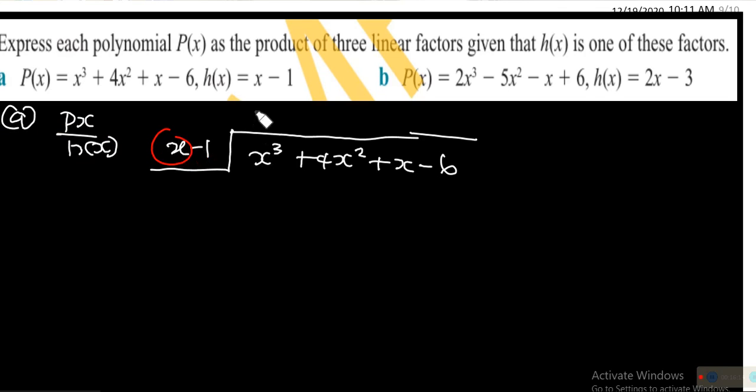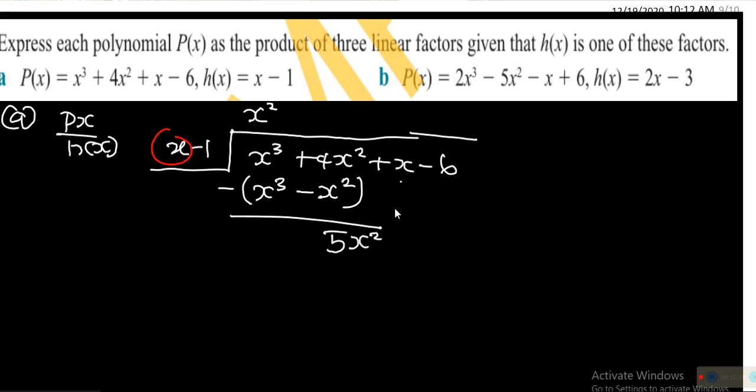So x in x cubed, we have x squared times x, we have x cubed, minus 1 times x squared, we have minus x squared. Then you subtract correspondingly. So minus times minus is plus, 4 plus 1, 5x squared. Bring down x, so we have plus x.